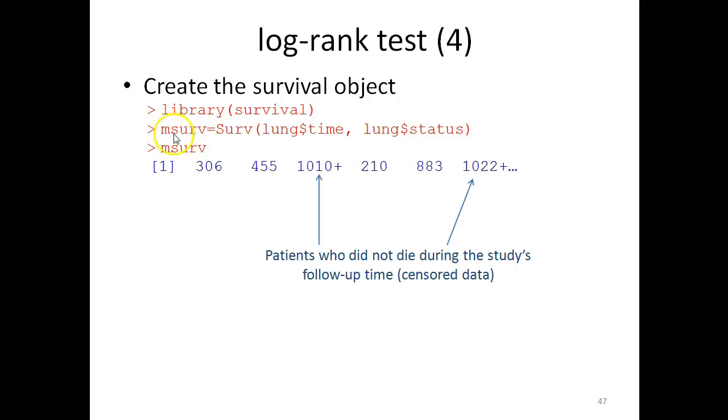In this case, we store the resulting survival object in an object called msurv, and that's arbitrary. You could call it anything. The survival object might sound like a rather fancy thing, but it's really not. If you look at the msurv object, you find that it simply contains the times for each patient, and in those individuals where data has been censored, a plus sign is added to the follow-up time. That's all there is. Two columns have become one.